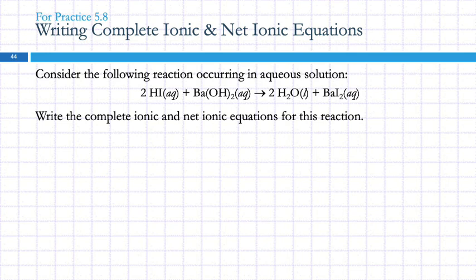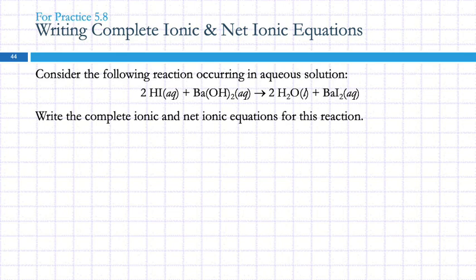So let's do an example here. Consider the following reaction occurring in aqueous solution. Write the complete ionic and net ionic equations for this reaction. We're going to look at our first thing here. This is aqueous. Is it ionic or is it an acid? It's an acid.